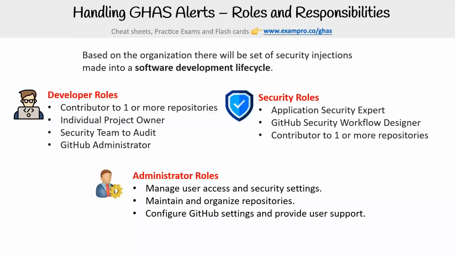Now that you understand where the software security development lifecycle can work with security, you also understand advisories and the types of vulnerabilities. It's important to also understand where the line gets drawn for roles and responsibilities. Again, I would put the caveat that not everything that I share here is applicable to all organizations. It may be different for different organizations, but generally speaking, developers are responsible for developing code.